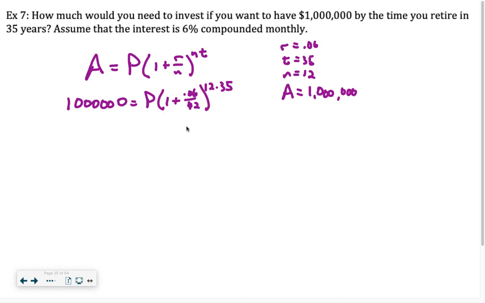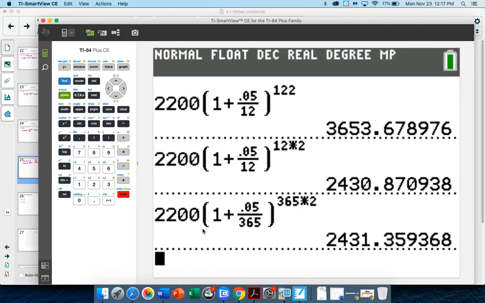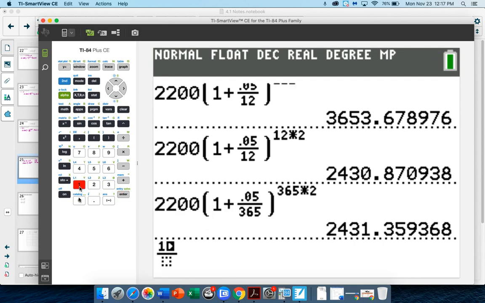Now, to get an exact answer, I'm just going to put all of this into the calculator. All right, so I'm going to do 1 million, and I'm going to put this as a fraction so that we can see a little better.